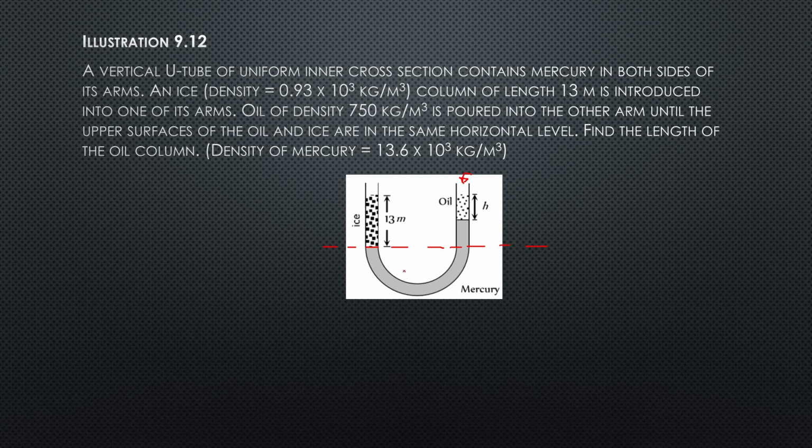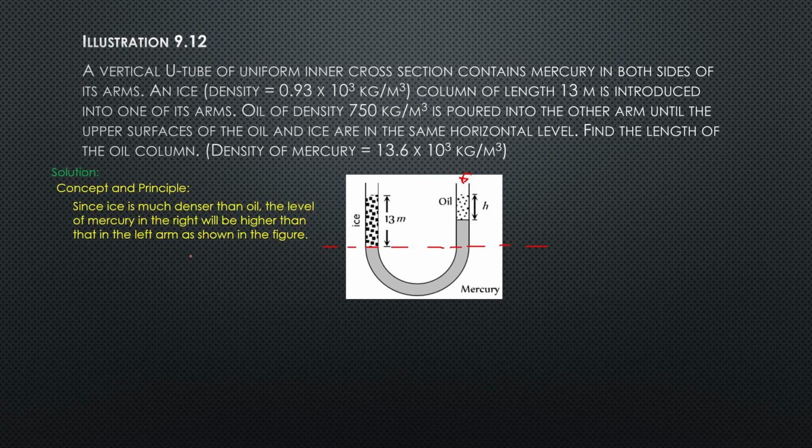Now the concept is, since ice is much denser than oil, the level of mercury on the right side will be higher than on the left side, as shown in the figure.